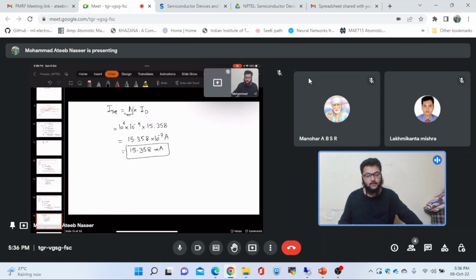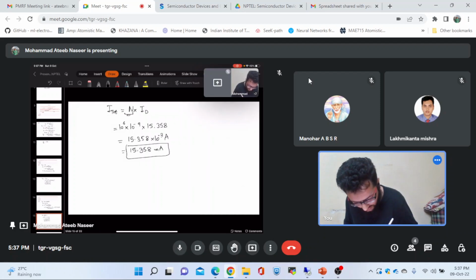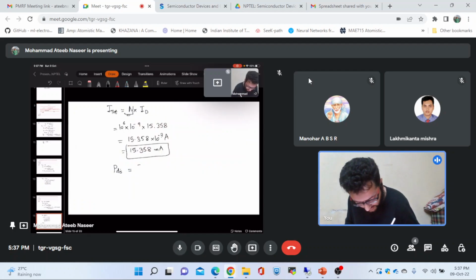But we require to find the power dissipated over here. This power dissipated is equal to VDD into I total. We know from question 1 that VDD is 5 volts. So it is 5 into 15.358 into 10 to the power of minus 3.